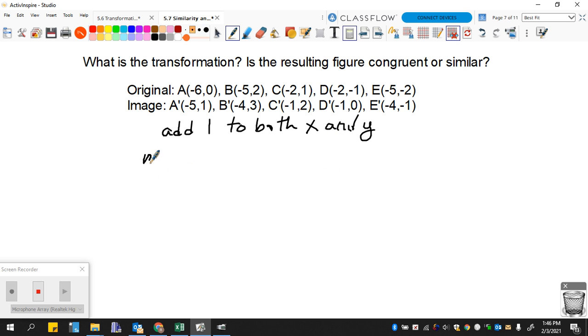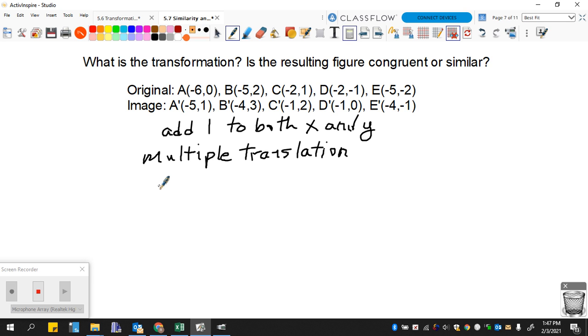translation, or a multiple translation. And what we did in this case, we went from the x, we went from -6 to -5, so that's adding 1.